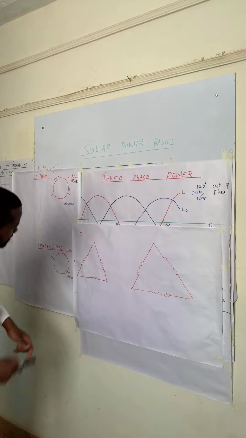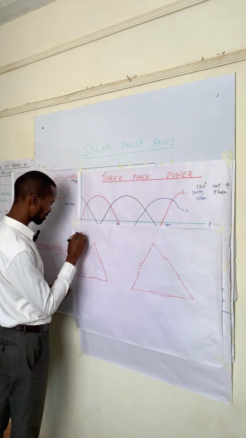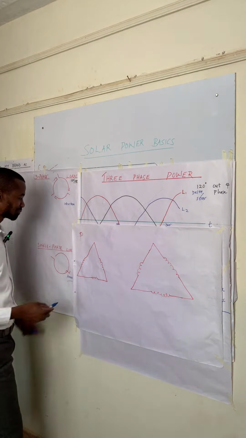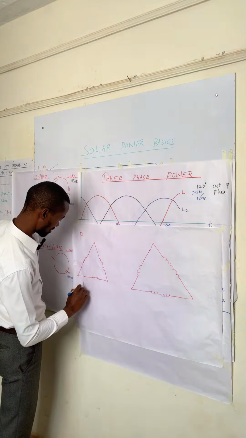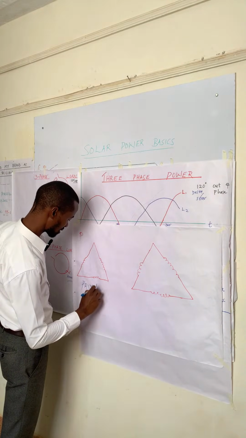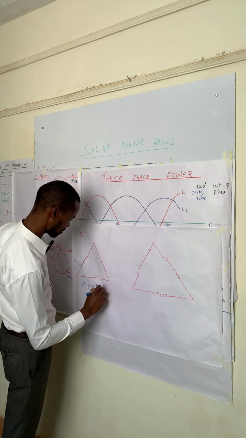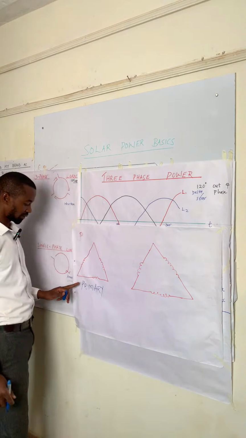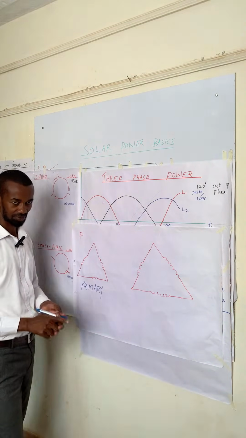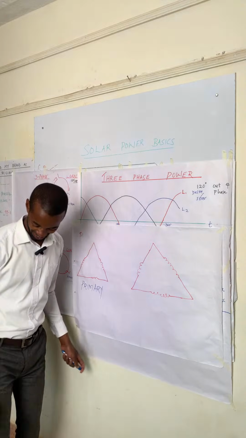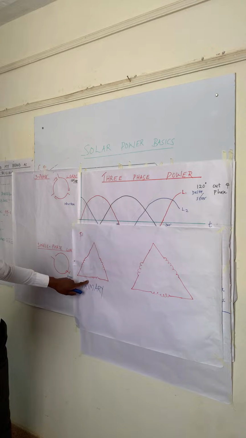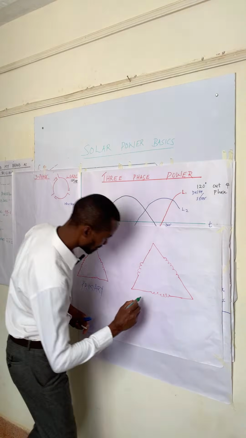We can definitely use something different for the secondary. So at the primary, we have this winding that is right here. So we have the primary windings and we have the secondary.